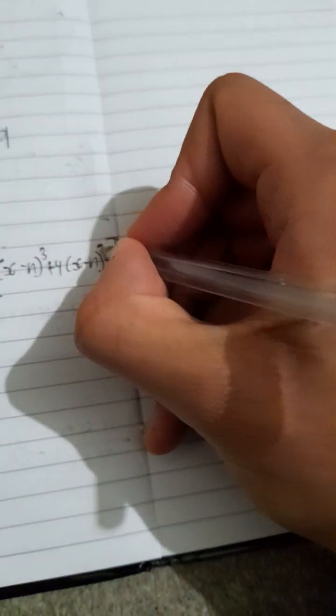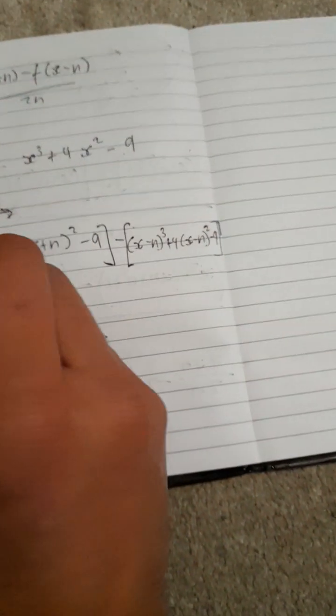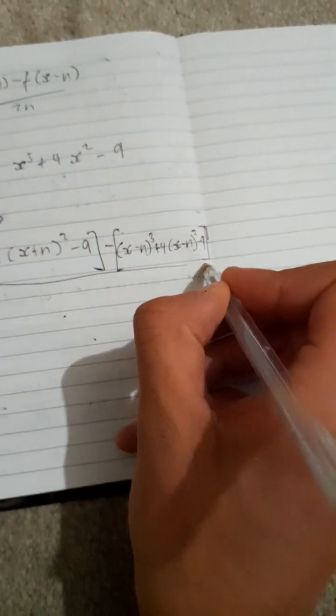Sorry, there needs to be a squared there, I forgot about that. Looking good. And that's going to be all over 2n.